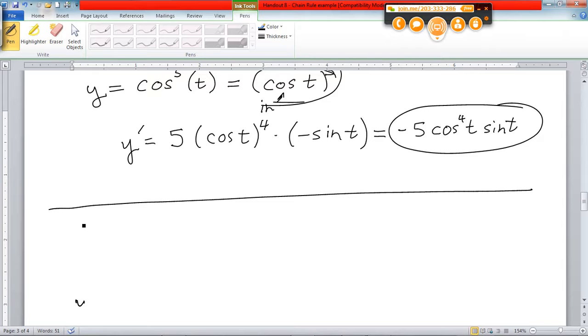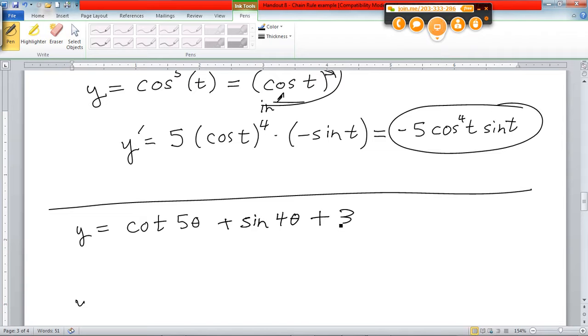Say we have y equals cotangent 5 theta plus 4 sine of 4 theta, plus 3a. Just to make another quick point here.